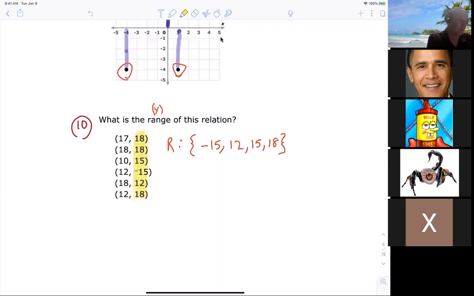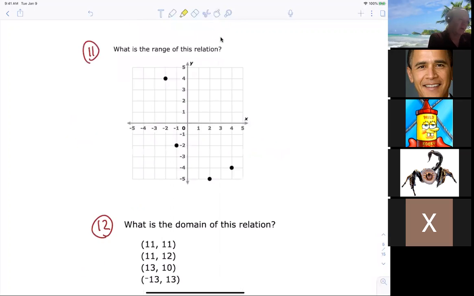All right, here we go. Number 11. Now, in this case, we're trying to find the range. So I'm just looking at only the Y values. All right, this is how I like to look at it, so I don't get confused with the X. So my range, colon.